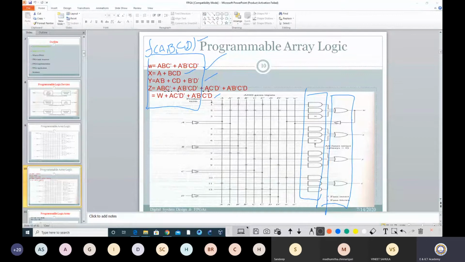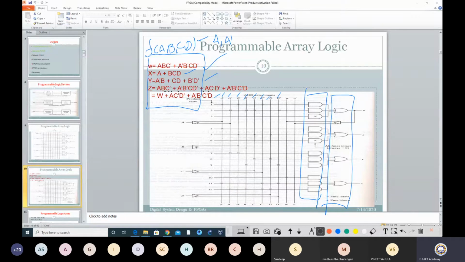Now for these inputs, as we are talking about Boolean, what could be the possibility? A is 1 or A is 0. If A is 0, then I can define it as A dash. If A is 1, I can define it as A. So A dash, B dash, C dash, D dash are available.